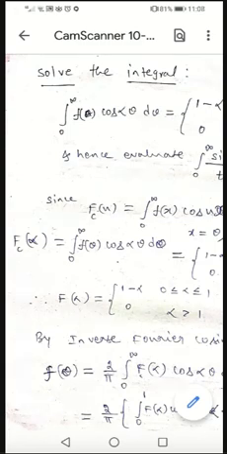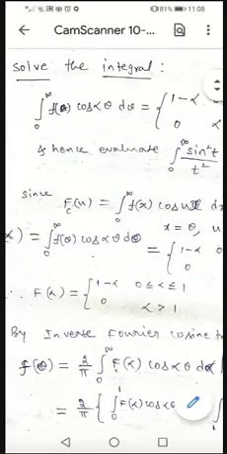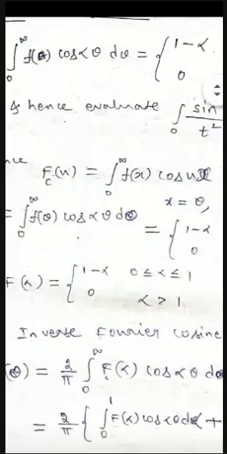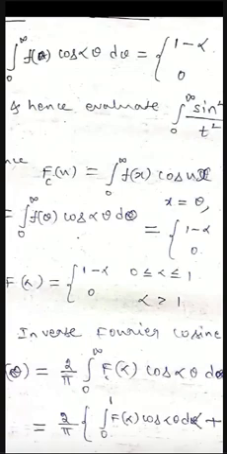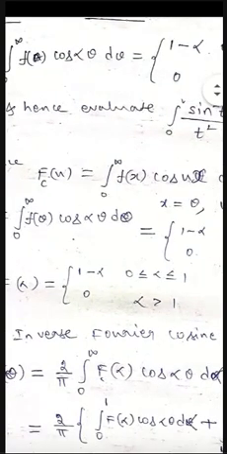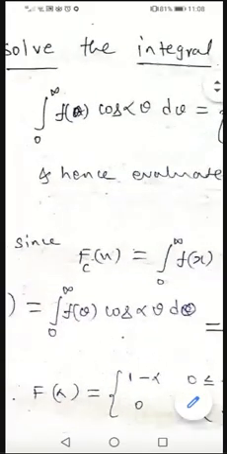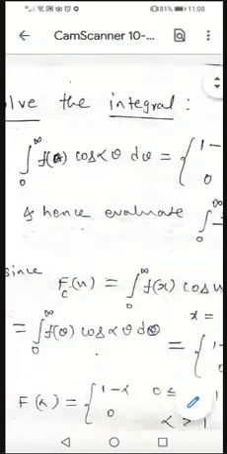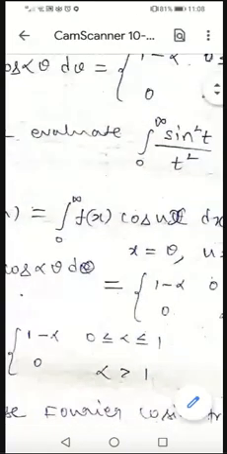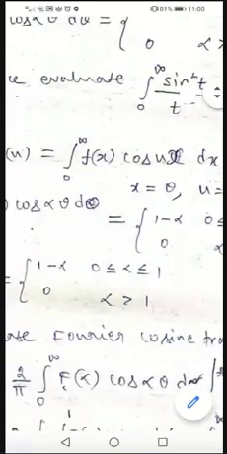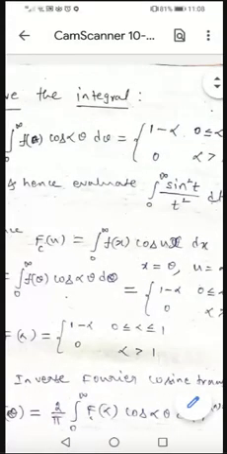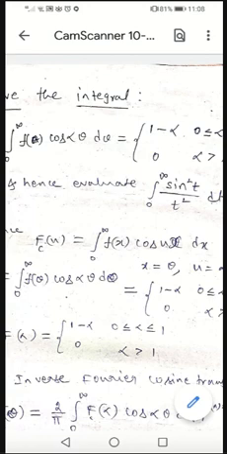And also you just compare with the cosine transform. See, this is the Fourier cosine transform formula. If you compare the left side and right side of this term, they are one and the same. The only difference is that in the place of x we have theta in the given problem, in the place of u we have alpha, and in the place of dx we have d theta.